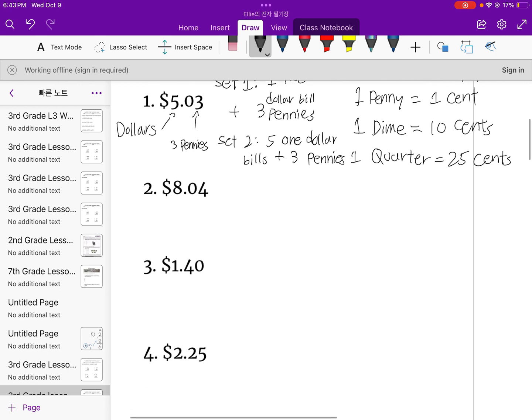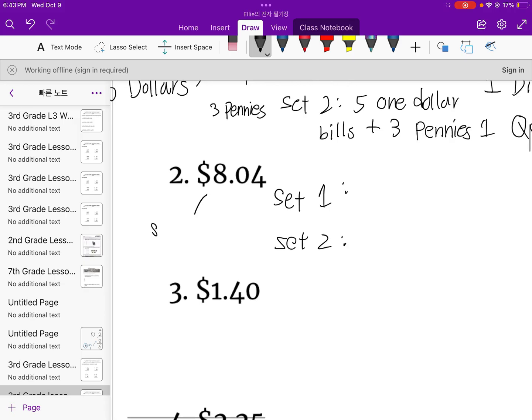And for number 2, we can write it as set 1 and set 2 again. And since it's $8, you can just write it as $8 or 8 $1 bills. And this should be 4 pennies.